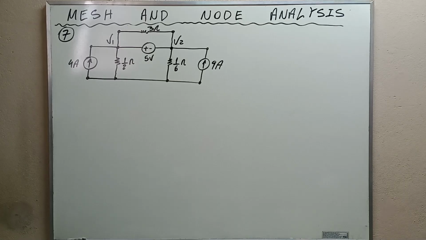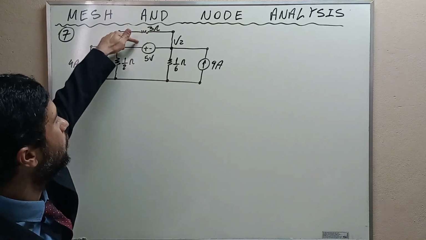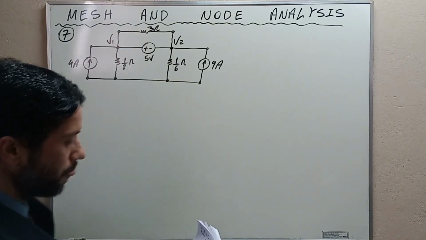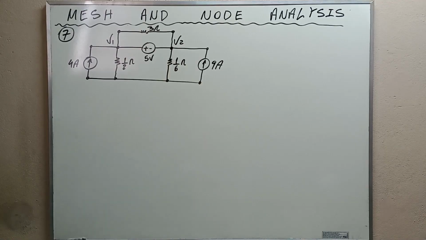Observe that we've got a super node in the middle of the circuit. There is a super node here, okay? Since the current through the voltage source cannot be modeled, it is impossible to write nodal equations for nodes 1 and 2 independently.